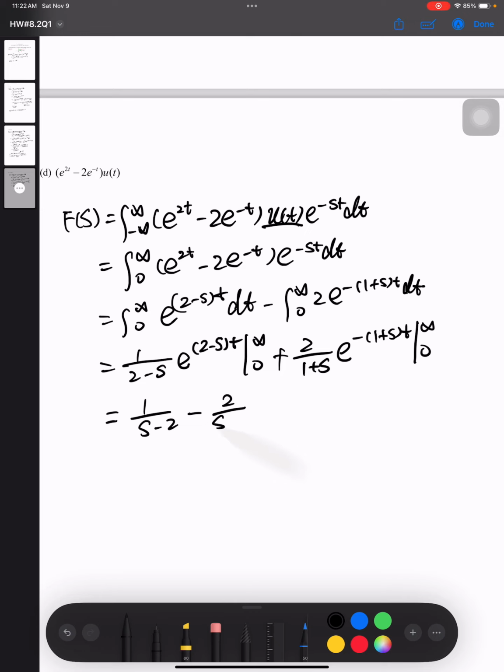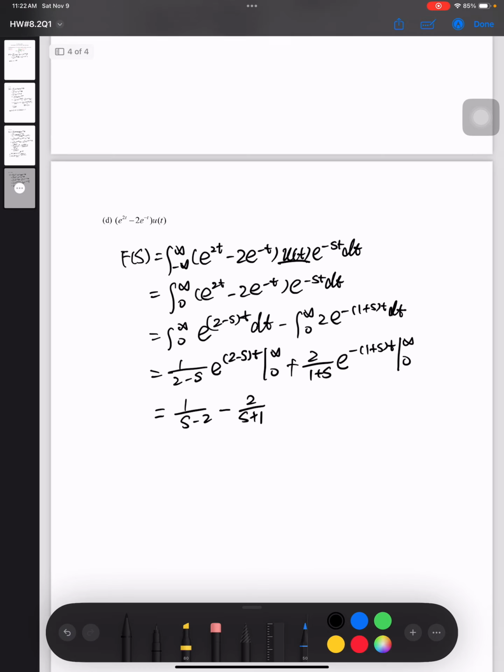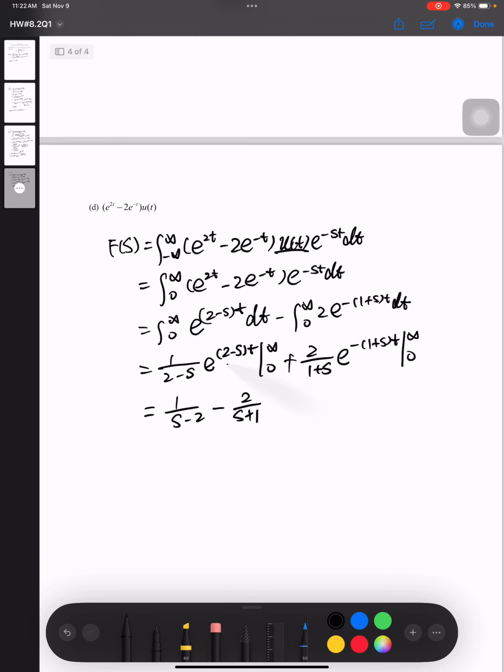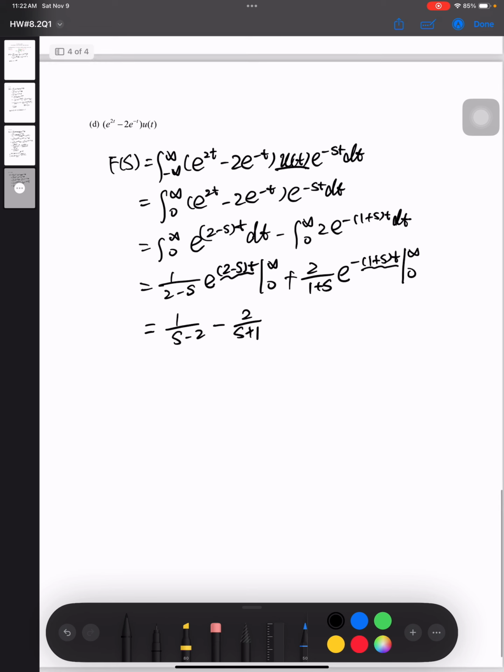To make these two integrals converge, the real part of 2 minus s should be smaller than 0, and at the same time the real part of 1 plus s is larger than 0.